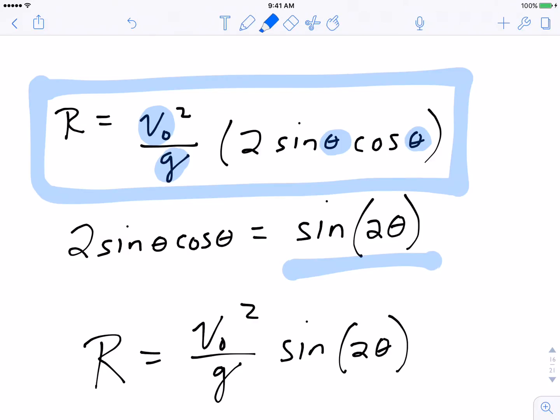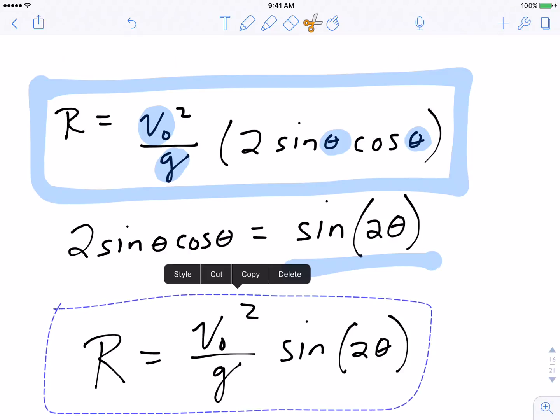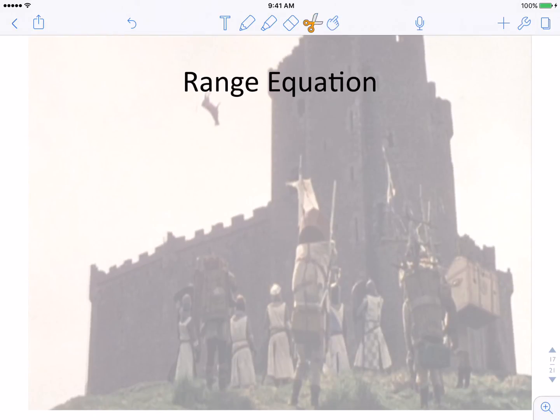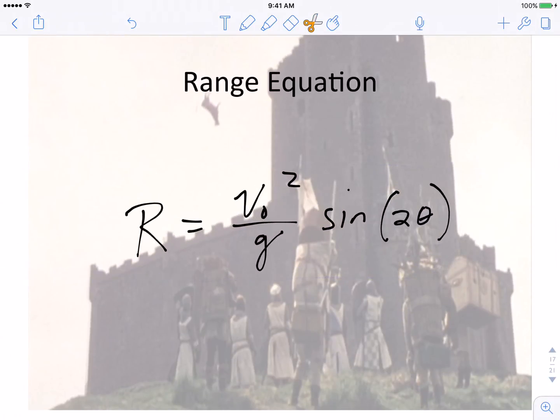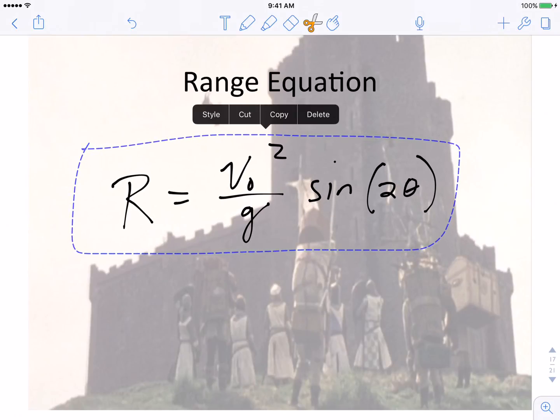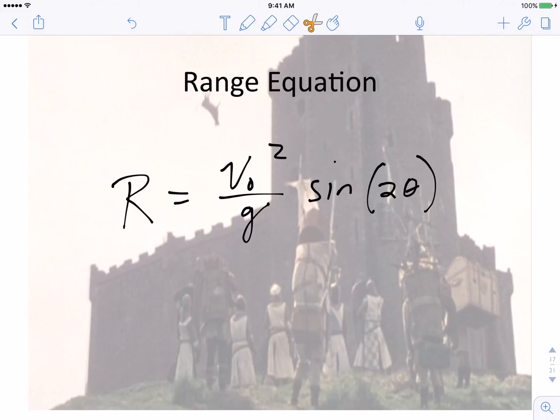You get a nice little equation. This equation is actually referred to as the range equation in physics. And if you have a range situation, you are welcome to use this formula. I will give it to you as an additional formula for you to use on the test.